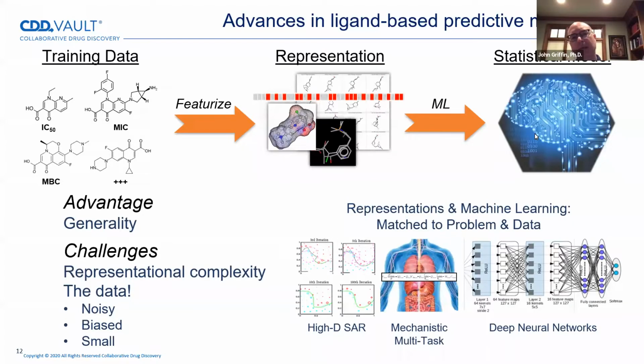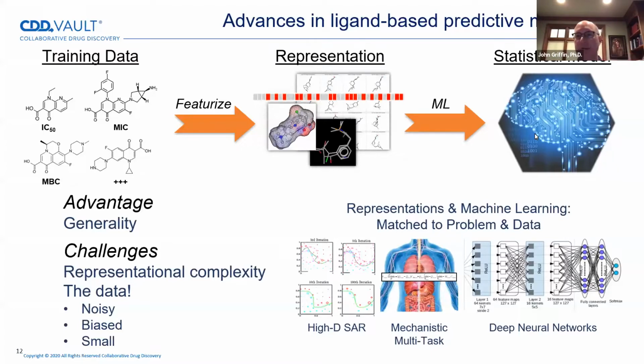Thanks, John. So I joined Integral Health from a company called Numrit, with which some of you may be familiar. And at Numrit, I worked with colleagues with expertise in machine learning and computational expertise, over a period of 15 plus years. And at Numrit, we collaborated to build and apply a platform based on advances in ligand-based predictive modeling.